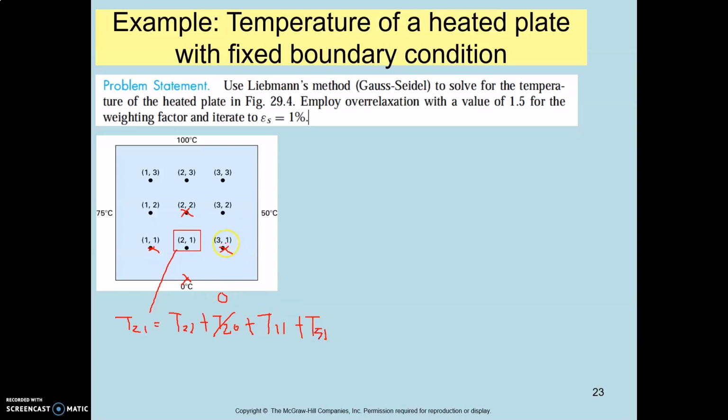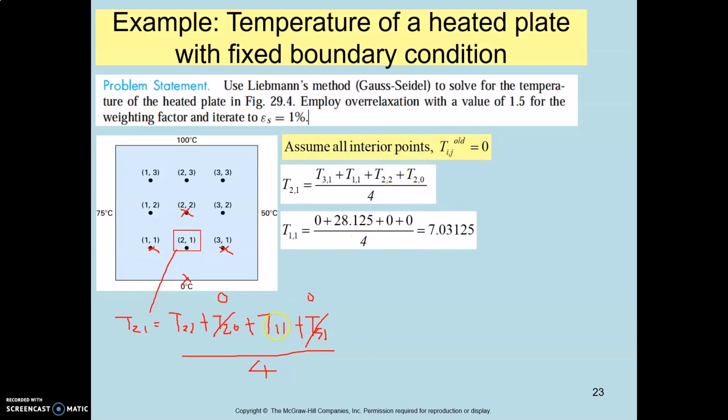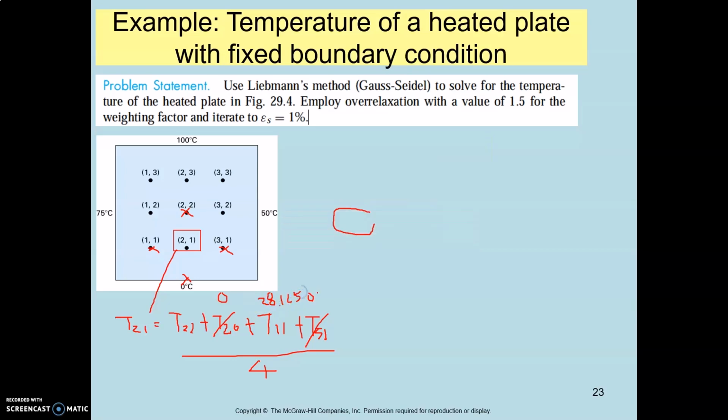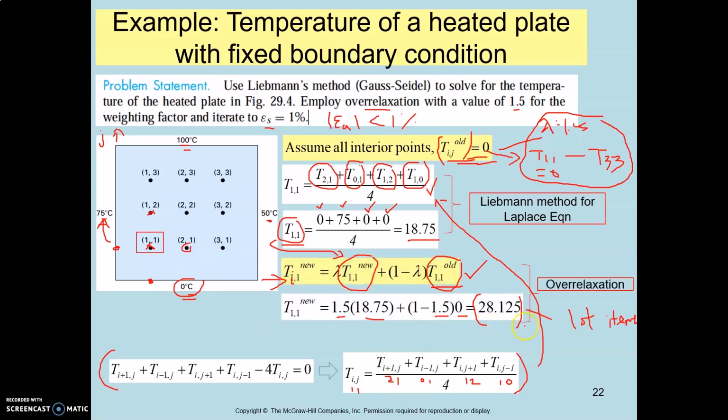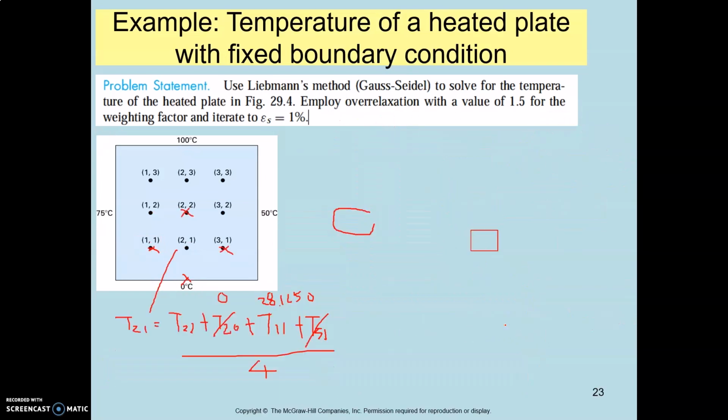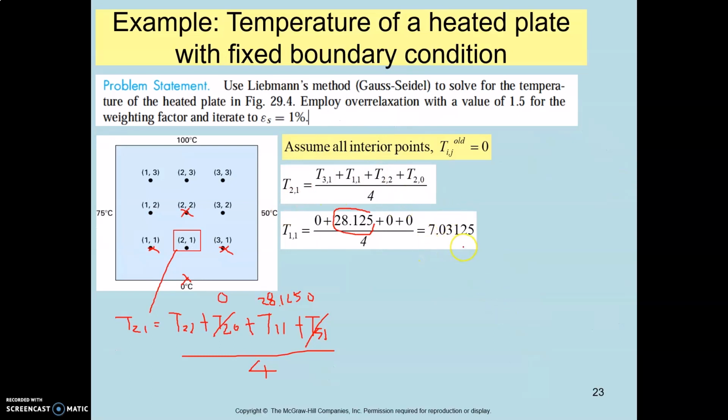T31 is unknown, so initially we assume it to be 0, divided by 4. After you substitute everything, you get your temperature to be 7.03.